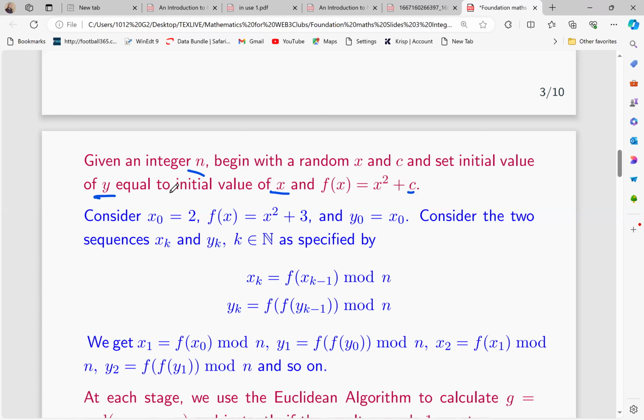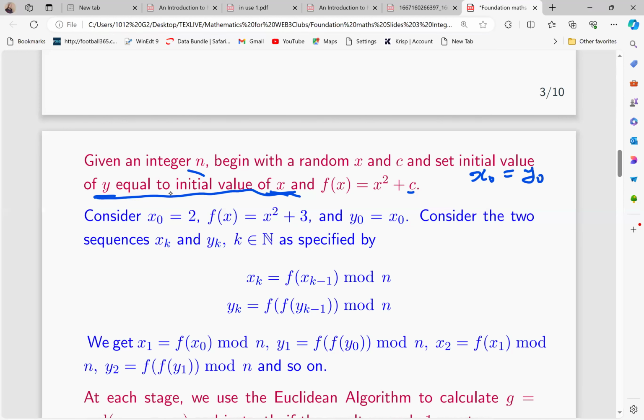Now, what we are doing, therefore, is we go from x, and the initial x. This statement says, set the initial value of y equal to the initial value of x. So if my initial value of x is x naught, this x naught will be equal to my initial value of y, which I'll also call y naught.